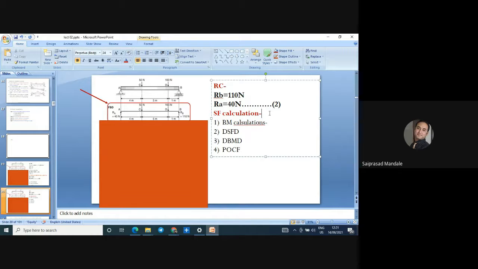Now, whenever we calculate SF, we have to calculate the shear force at the left and right of every point. So SF left of A, then SF right of A. Okay, and similarly for the other points it is the same.